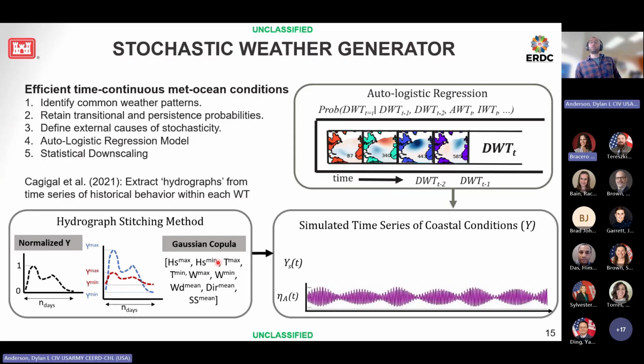Looks like I've got a figure that dropped off here, but once we've simulated weather, we need to be able to downscale. And there's actually a bunch of different approaches to doing this. I'm giving one example here from a 2021 paper that refers to every single variable that you're downscaling as a hydrograph, right? So you look into your past record, you find a particular daily weather type, you extract, say, the wave height time series that occurred within that, and you create a normalized hydrograph of that wave height.